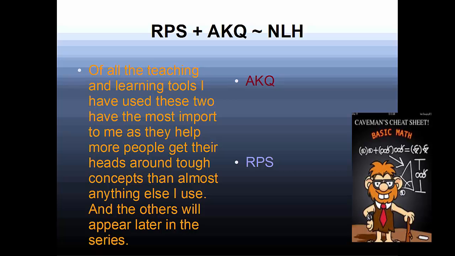And RPS, the rock, paper, scissors of No Limit Hold'em, is a way of illustrating non-linear hierarchies, and talking about Nash equilibriums in common ways of thinking, or a situation that we've all been in.